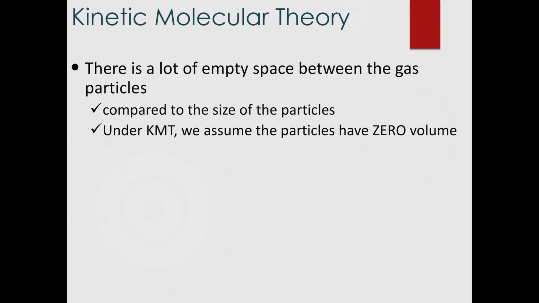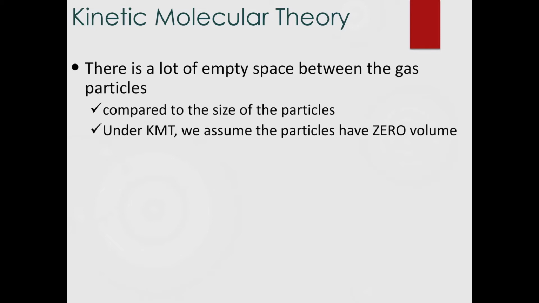So another aspect of kinetic molecular theory is that there's a lot of empty space between the gas particles, right? The gas particles themselves are really, really small, and there's a very large distance in between them. So under kinetic molecular theory, we are going to assume that the volume of the particles themselves is 0.